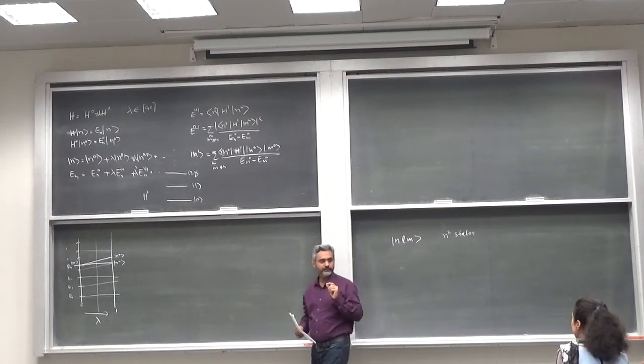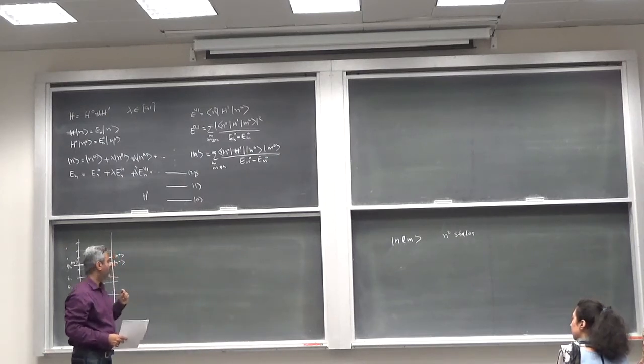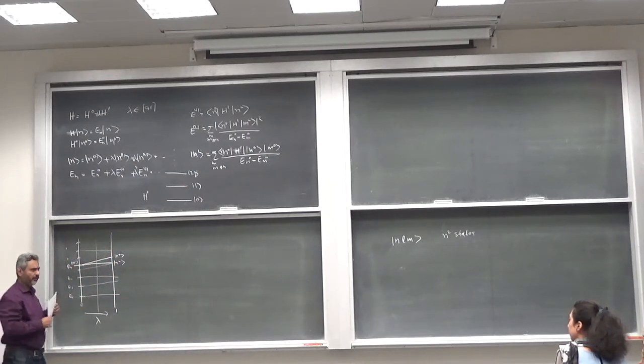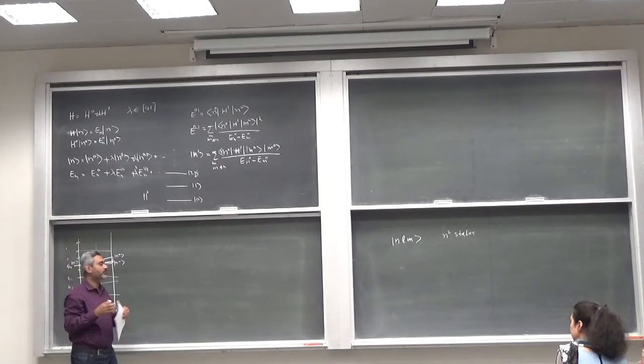So the final energy will be the initial energy plus or minus the spin. I don't know what you mean by final energy. So let's say this was the earlier energy, and this is the change in the energy. This is E1, and this is the change in the energy for this state. That's also E1. You can call this E1 plus, E1 minus.